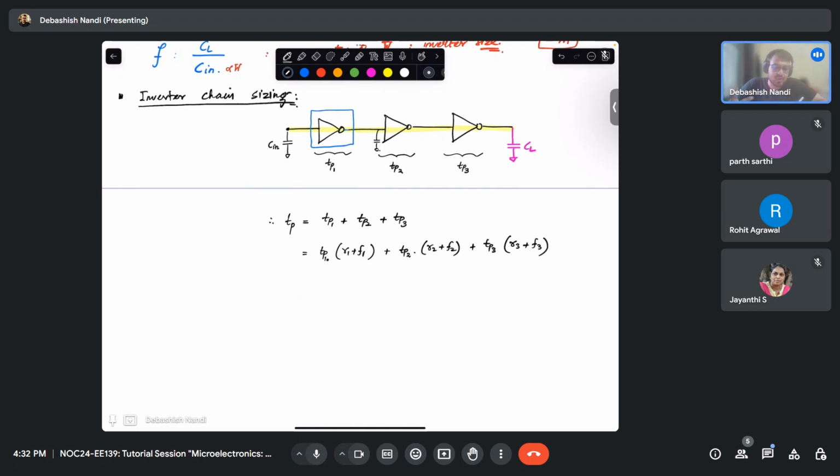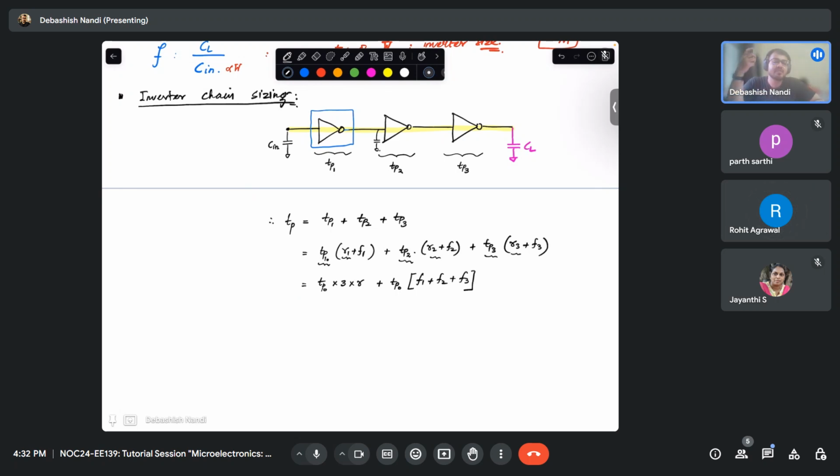As we are trying to do the transistor sizing, gamma is size independent. So what we will have is TP0 times 3, in our case we have taken the example of 3 stages, times gamma, plus TP0 times F1 plus F2 plus F3. This will be my total delay.